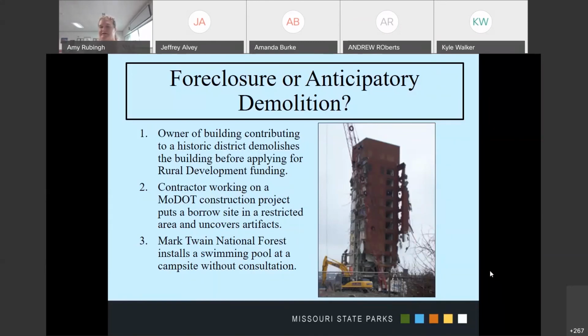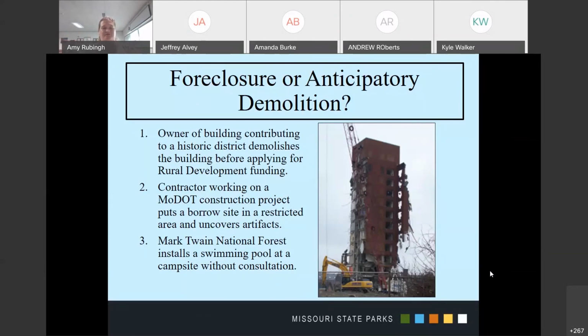So, poll results. Number 1, what was the situation? Yes, it was anticipatory demolition. Number 2 is pretty well split, and actually no answer got the biggest amount. This was the neither. So basically, MoDOT lays out restricted areas when they do their projects through consultation with SHPO.